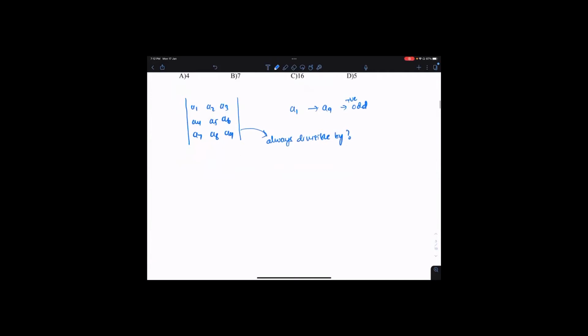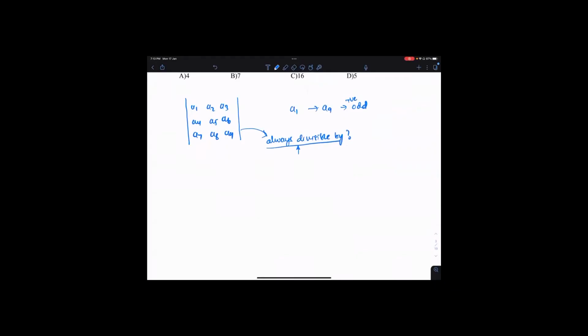Okay, so you can say that it is divisible by 1. Because no matter what the answer is, every number is divisible by 1. Correct? But we are not expecting that kind of answer. I have written the question in short form because I am lazy. What is the maximum number you can give?